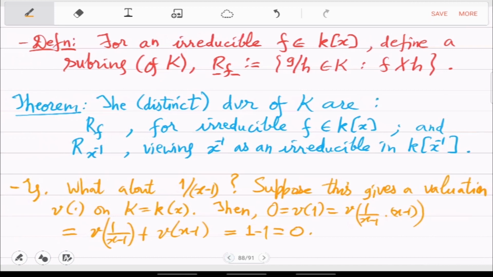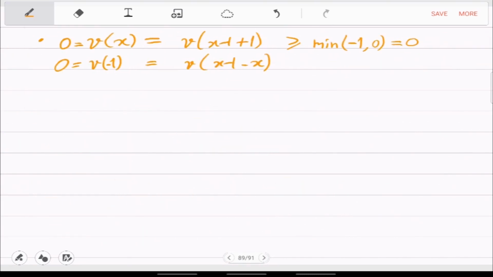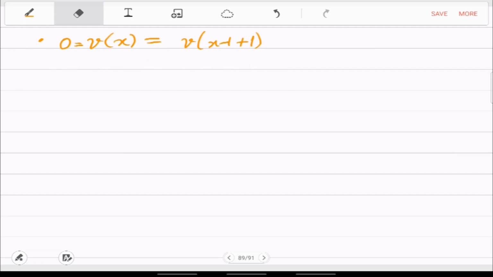Any element in the function field, valuation should work. No, I just wanted to check why 1 over x minus 1 is not falling in these types. So what you can do with 1 over x, you can also do with 1 over x minus 1. I think maybe this is the part which we should look at. Maybe this is the contradiction.